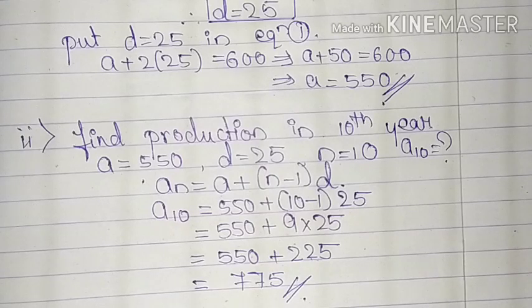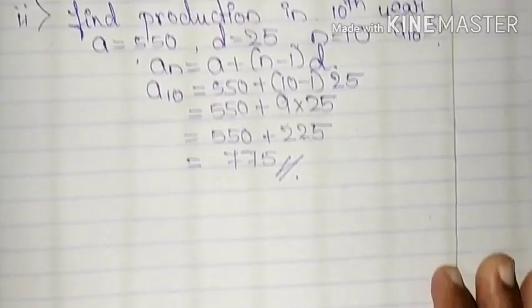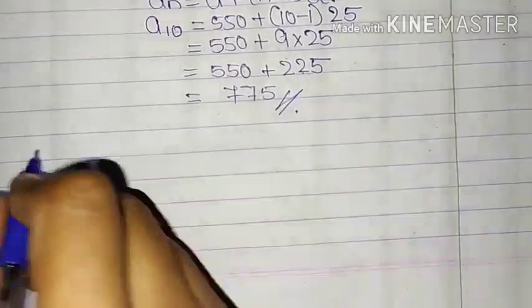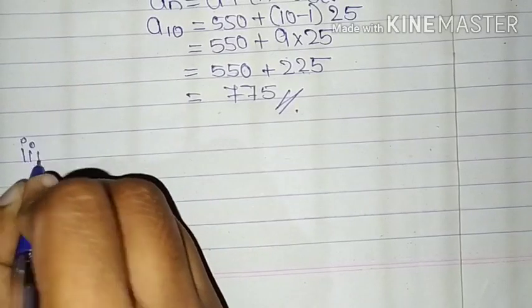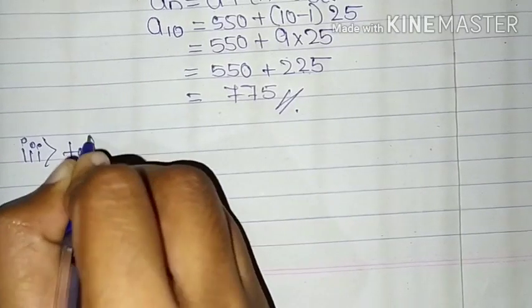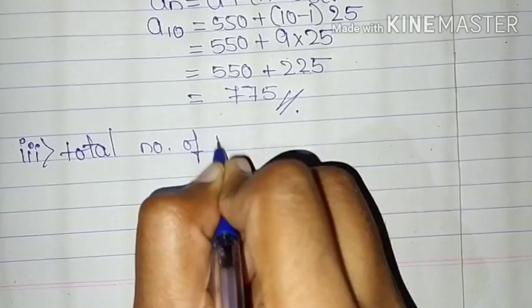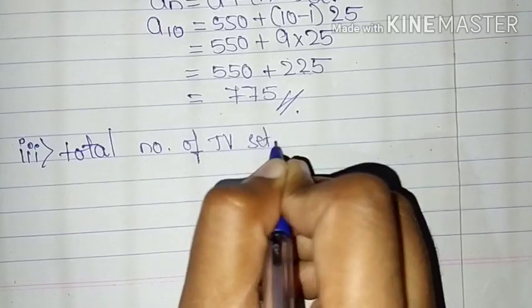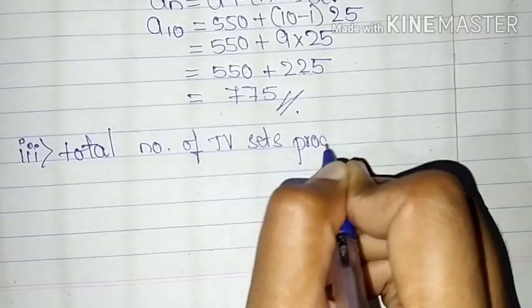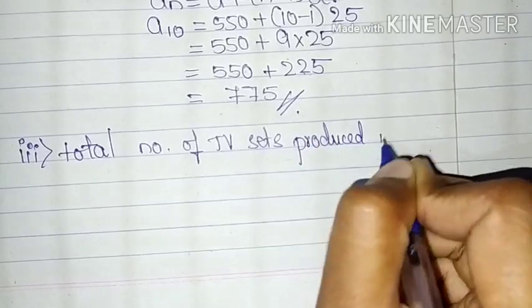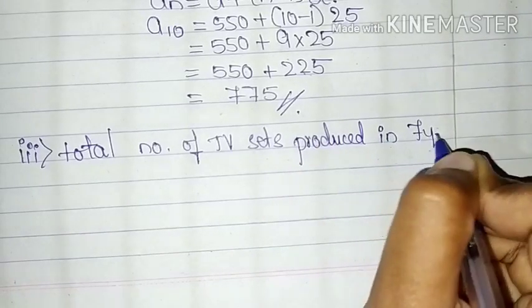This was the second sub-question. In the third sub-question, they have asked us to find the total number of TV sets produced in 7 years.